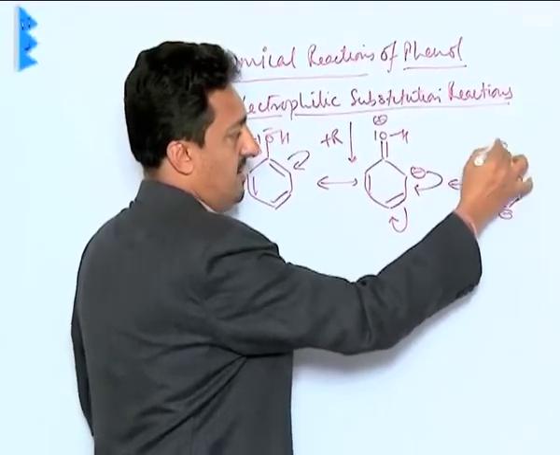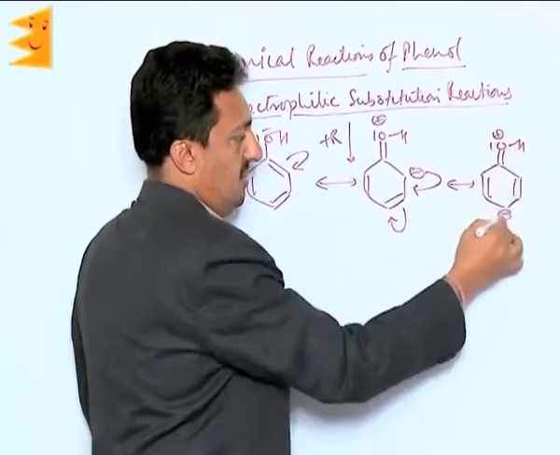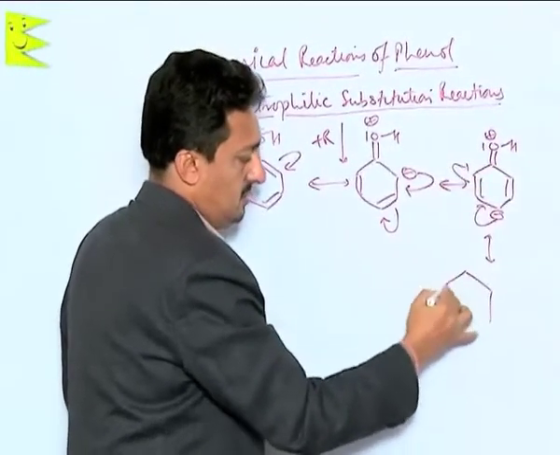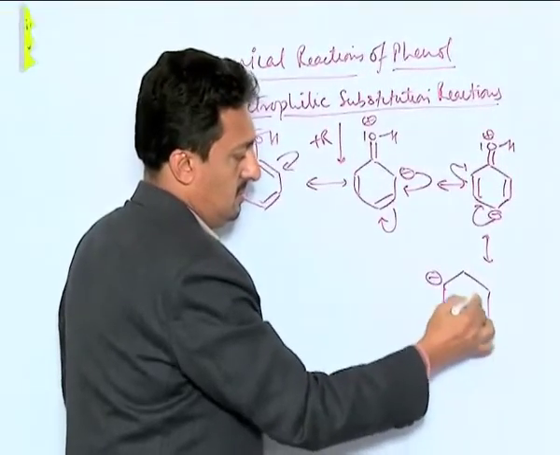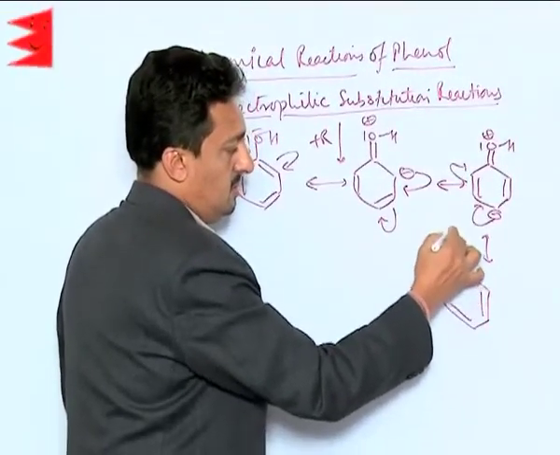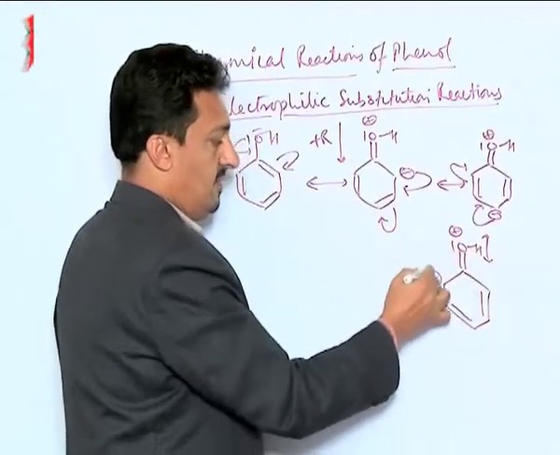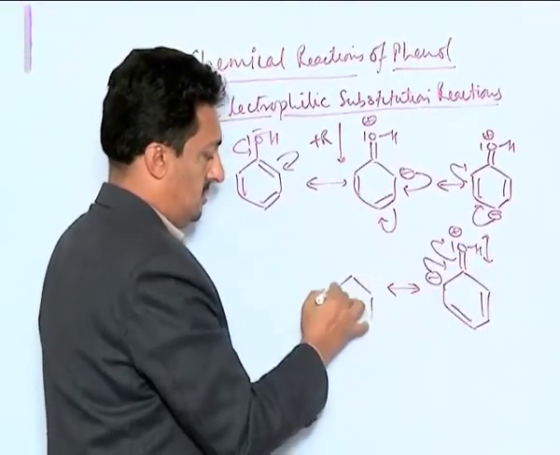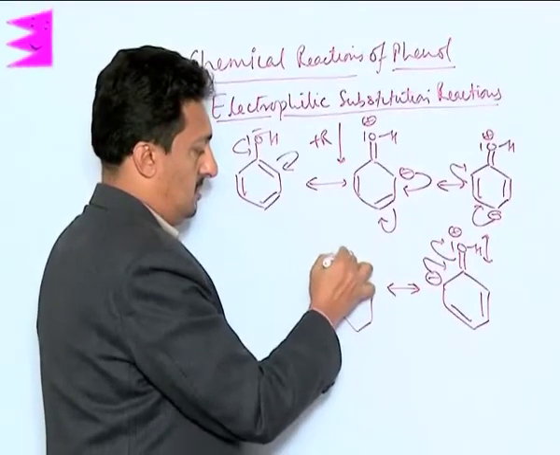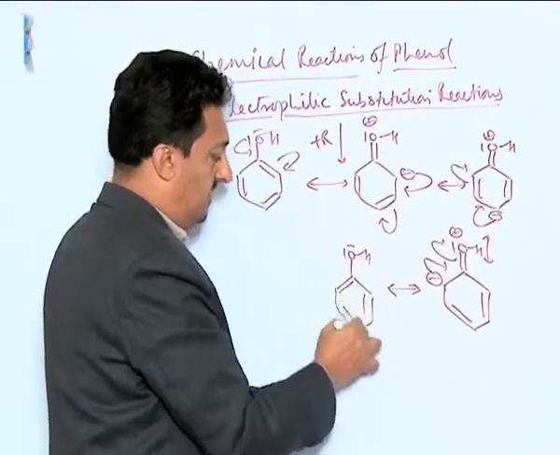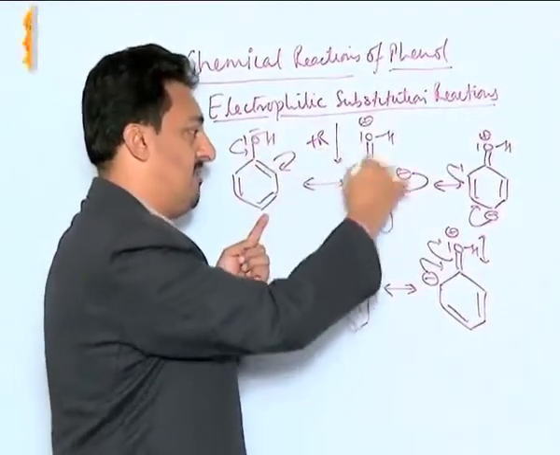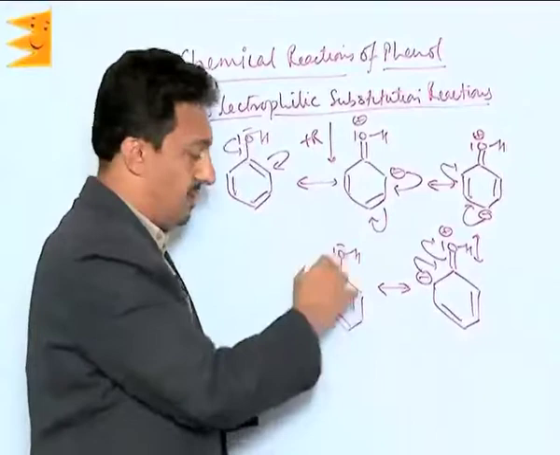These are the resonating structures which we get out of it. It is like this. So we have seen in these 5 resonating structures that the lone pairs of the oxygen have taken a complete round of the benzene ring and they are back on the oxygen.